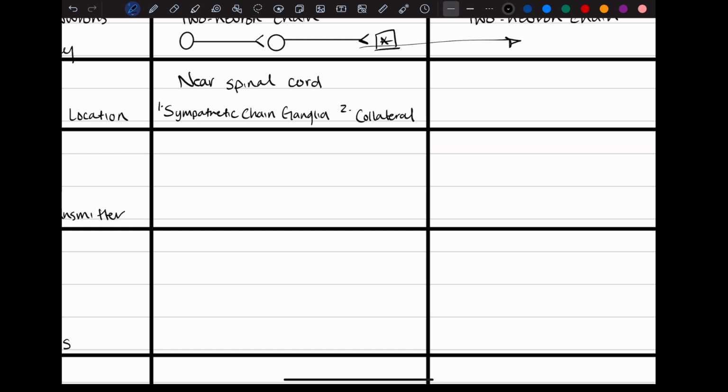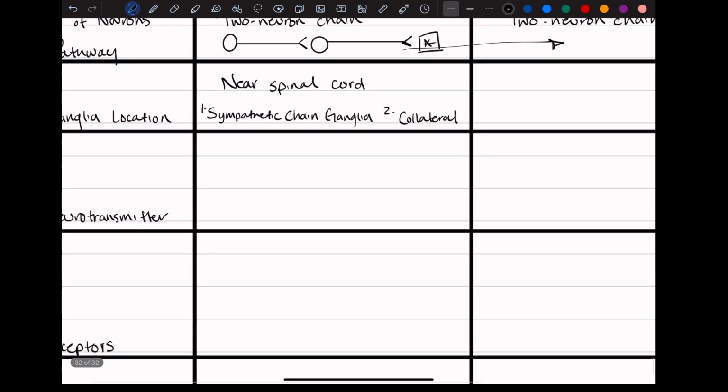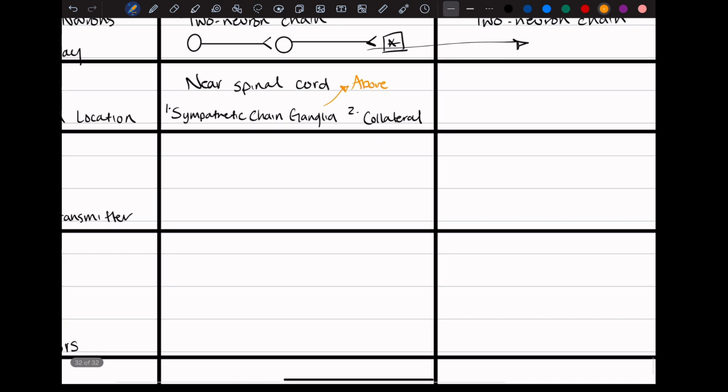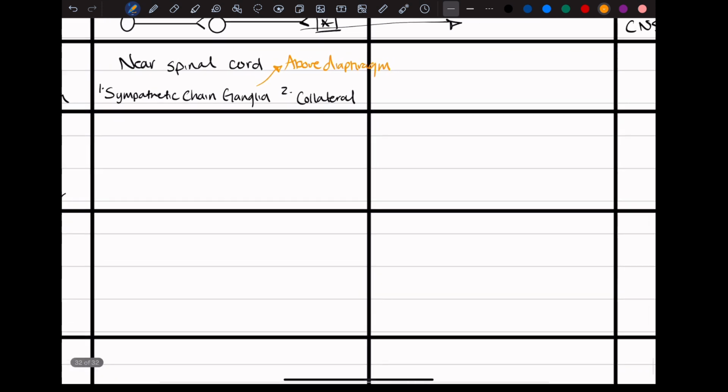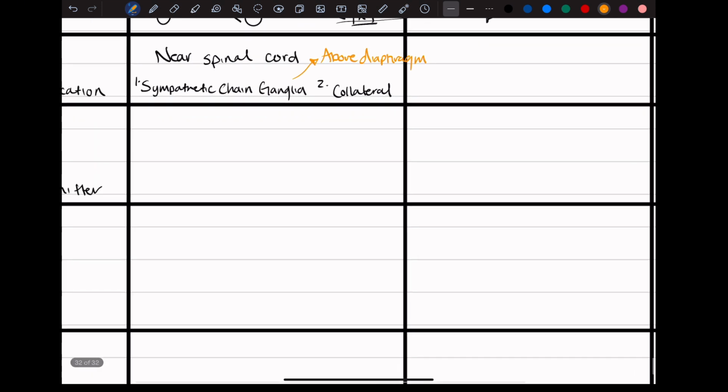Now, the difference is the sympathetic chain ganglia really only synapses above the diaphragm. It doesn't synapse below that. And the collateral ganglia is going to synapse below the diaphragm in the abdominal cavity. I'll just write it down here.